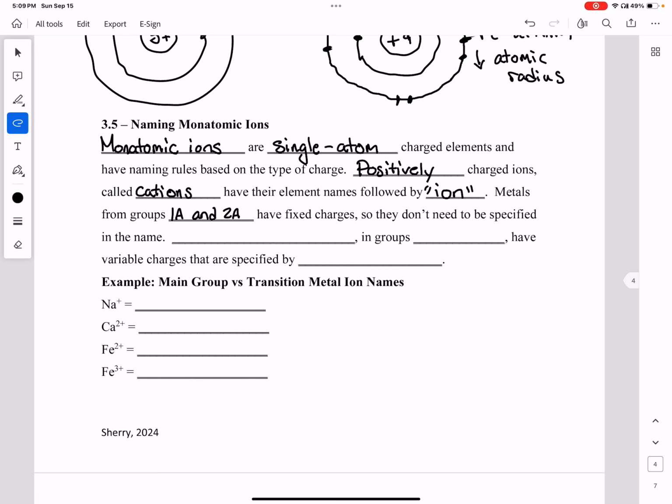But there's also the transition metals. Those are in groups 1B through 10B. And so those have variable charges, so we do have to specify them in the name. So we're specifying those by Roman numerals.